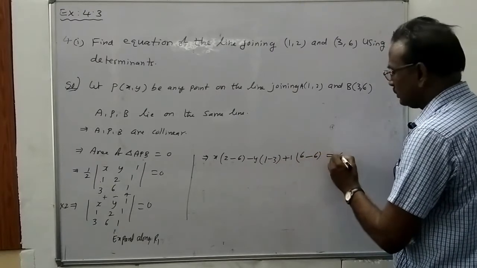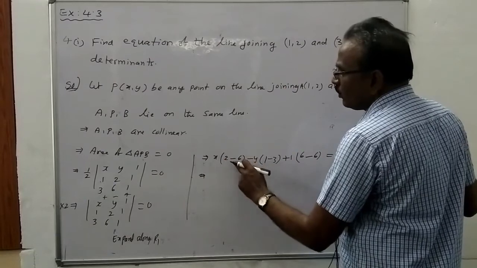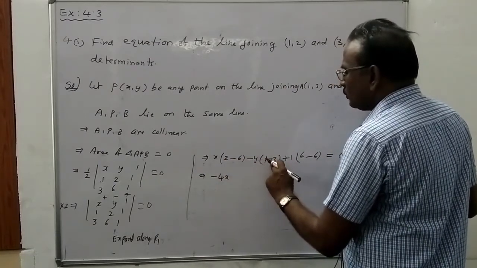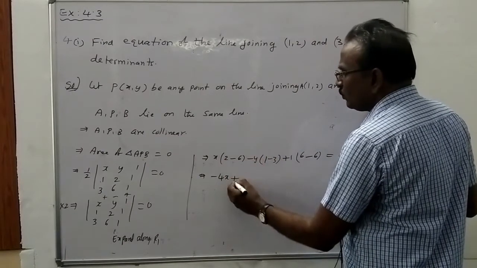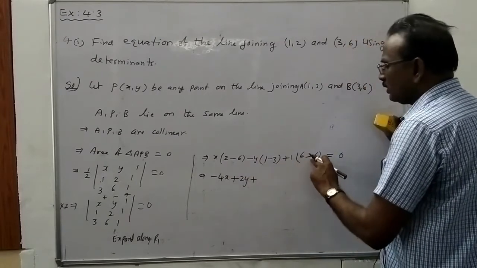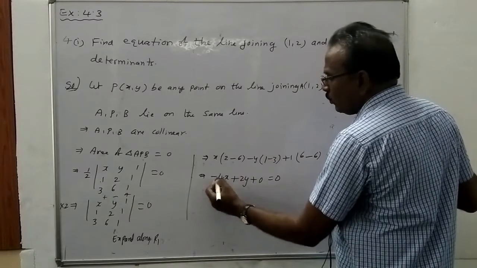So the value is 0. That is 2 minus 6 is minus 4, into x is minus 4x; 1 minus 3 is minus 2, into minus y is plus 2y; plus 6 minus 6 is 0, into 1 is 0; equal to 0.